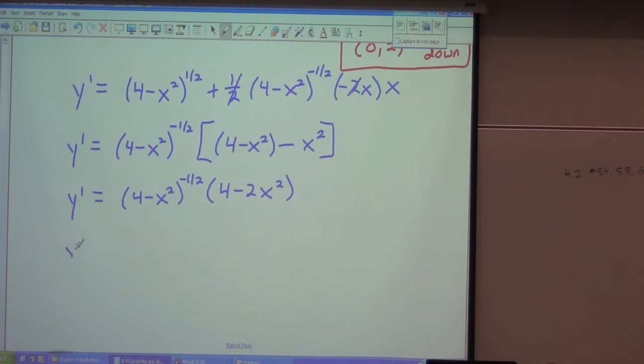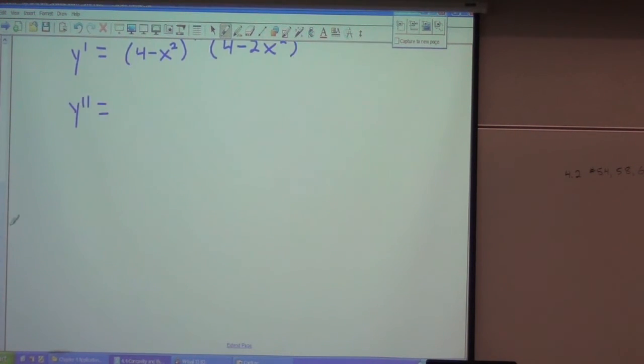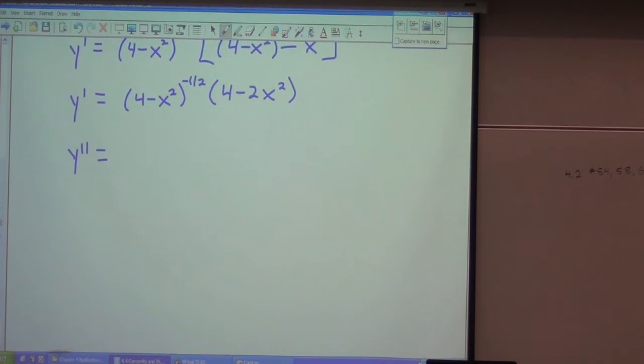What if we had to go about the second derivative? We just use the product rule with the chain rule. The derivative of 4 minus x squared to the negative half would be -1/2 times 4 minus x squared to the negative 3/2. So we'd have to multiply that by the derivative of 4 minus x squared, which is -2x.